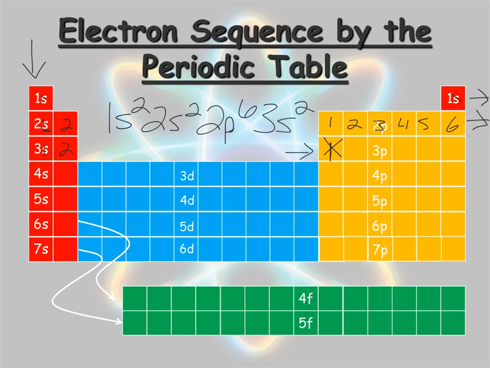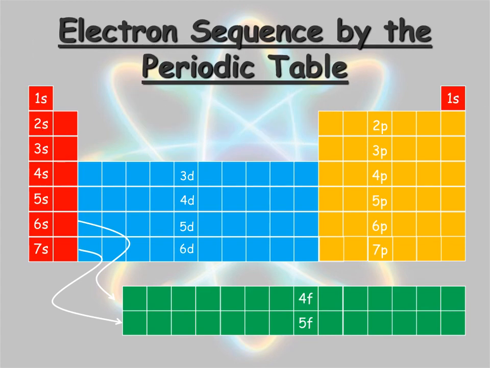So all that's going to do is finish it out with 3p1. I don't like how that all got bunched together, so I'm going to erase these so it doesn't look like that. So there's my electron configuration for aluminum. Aluminum has 13 electrons, so at the end of the day, if you did this correctly, all of these exponents should add up to 13.